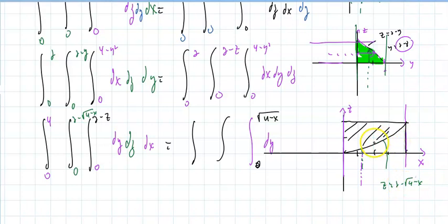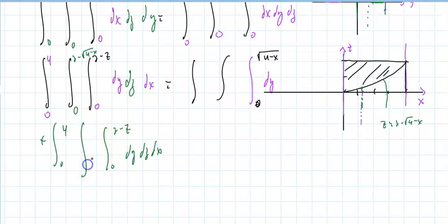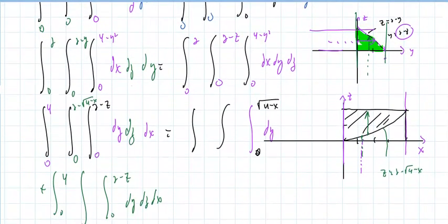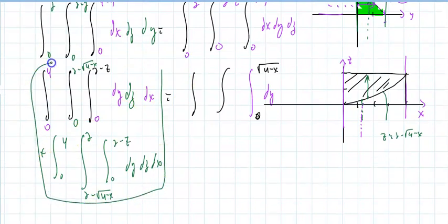Plus 0 to 4, 0 to 2 minus z, dy, dz, dx. Z is still running from the line and exiting out of z equal 2. Those two for that one piece.